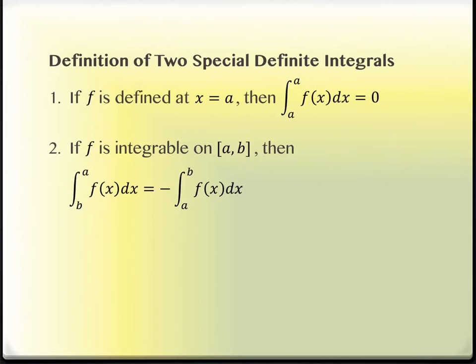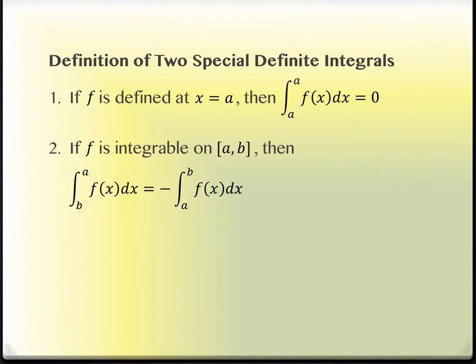So I get 0. The second one talks about what happens if the limits of integration are switched. So if you notice, if we went from B to A over here instead of from A to B, it's actually the same quantity but the opposite sign. It kind of makes sense if you think about distances, right?